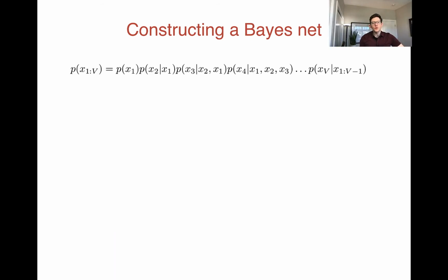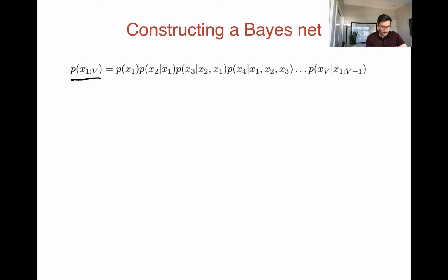Okay, so now let's imagine instead someone hands you a joint distribution. It turns out that given a joint distribution, you can construct a Bayes net based on that. So let's say I have this joint distribution. From the joint distribution, again, I've just applied the chain rule in exactly the same way.